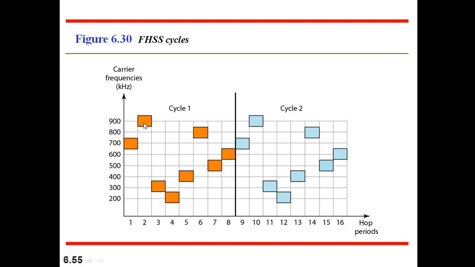In the third hopping period, we are transmitting the signal in this particular hopping period. In the fourth hopping period, we are transmitting the signal in this channel, that is 200 kilohertz.